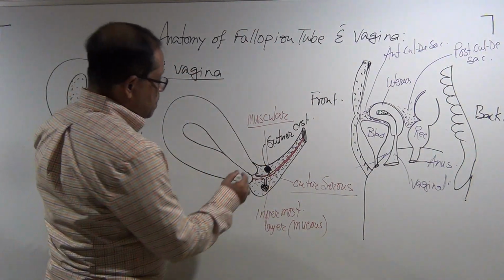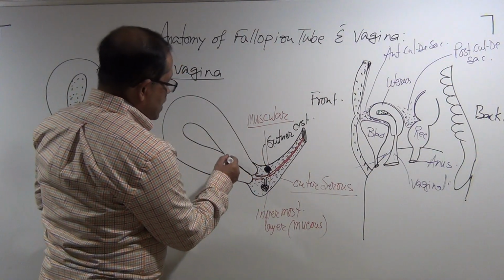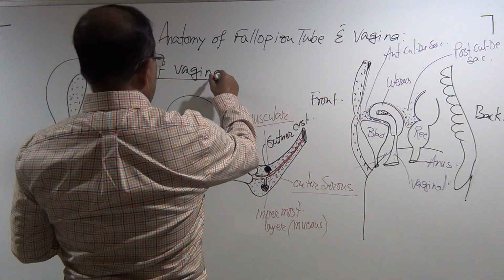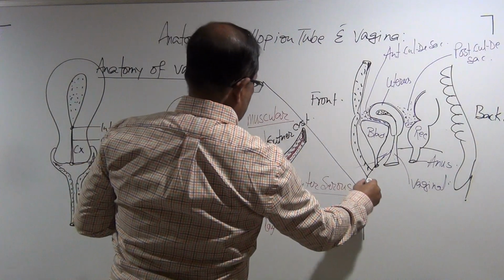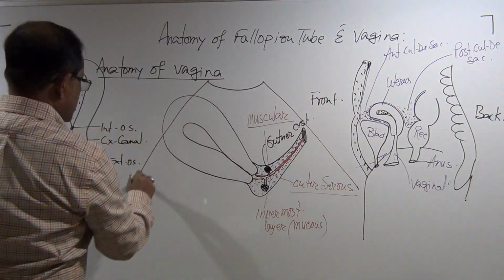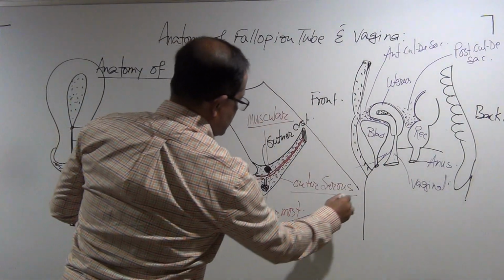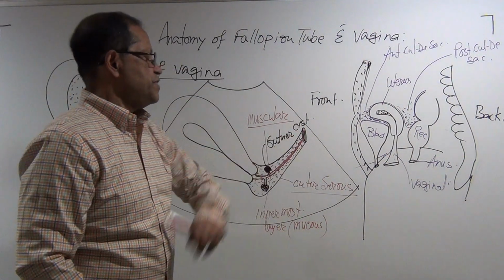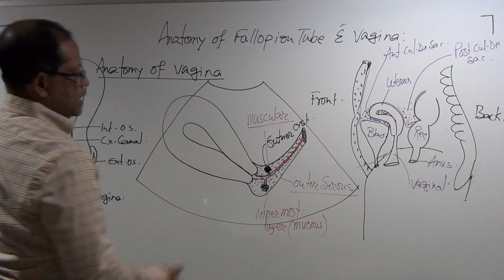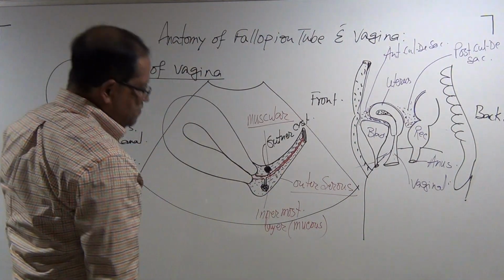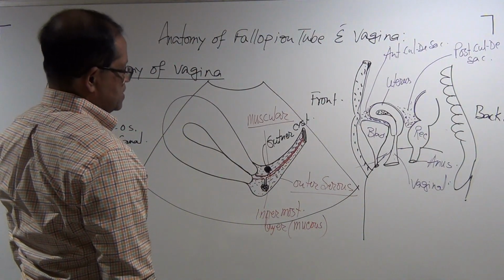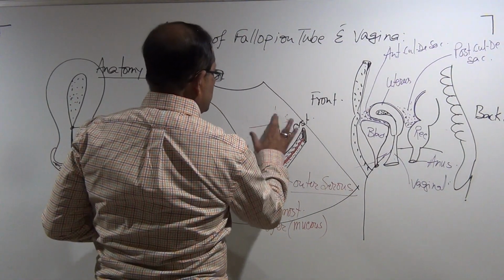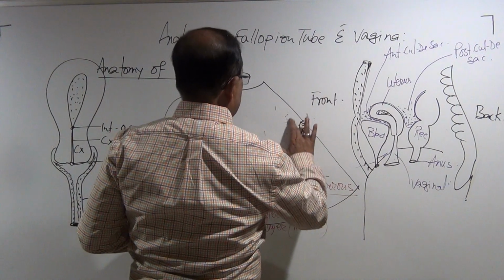Okay, so now this is a sonographic view. If I give you the orientation: anterior, posterior, superior, inferior. This is the vagina. The vagina is inferior to the body. Okay, and I will show you something else.